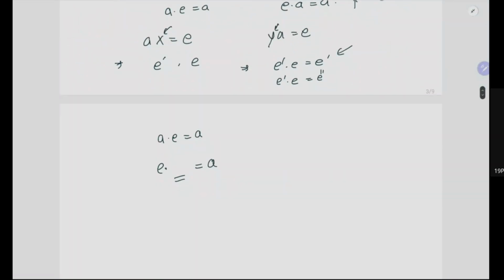I think A is equal to A, as you can get. Then you can write E dash A is equal to A, and you can replace that A by AE, the right hand side.